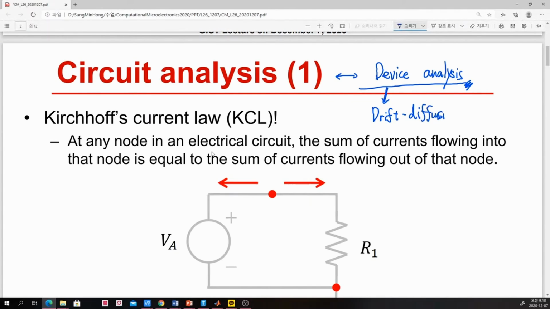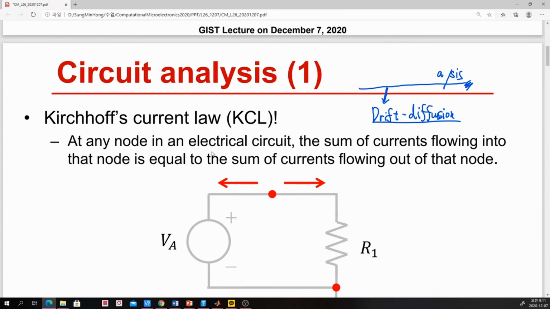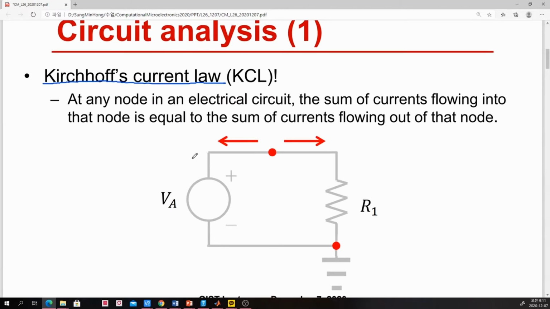That is the governing equation for device analysis. Quite similarly, in the case of circuit analysis, we can ask ourselves what equation we have to solve. The answer is really straightforward: Kirchhoff's current law. That is really the governing equation of every circuit analysis.